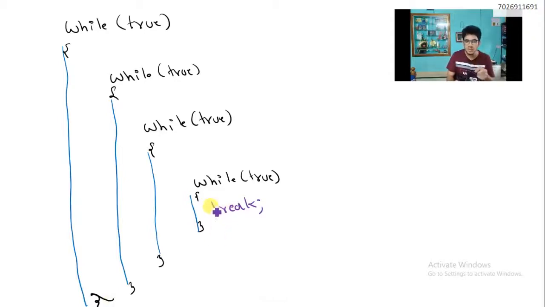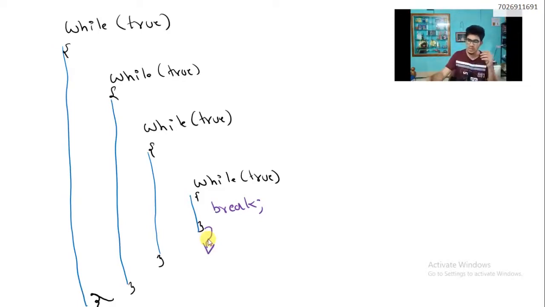For this break, which is the first loop? This while loop. So when you tell break, control will come out of the while loop only. It will come out of only the first loop it sees. Please take this screenshot. This is a theory here.